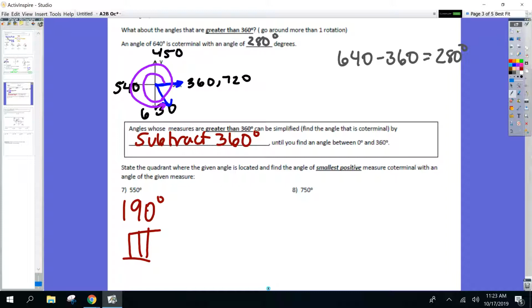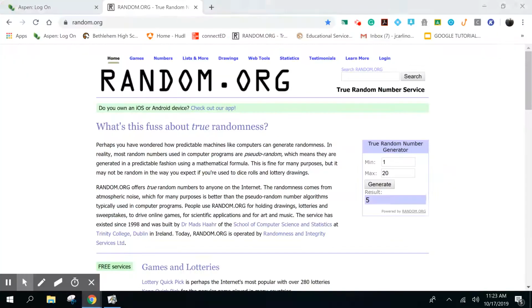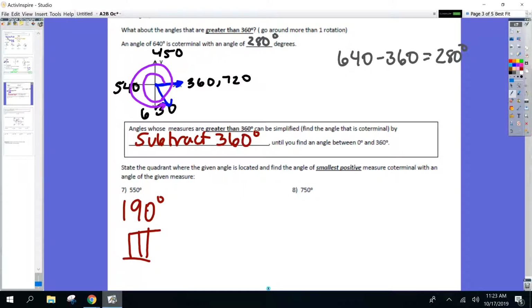750. I don't know if I got some people on this or not. 30. Nice job. Some of you might have subtracted 360 and got 390. That is coterminal, but my directions say smallest positive one, right? So you can subtract 360 one more time and still get a positive answer, which is 30.